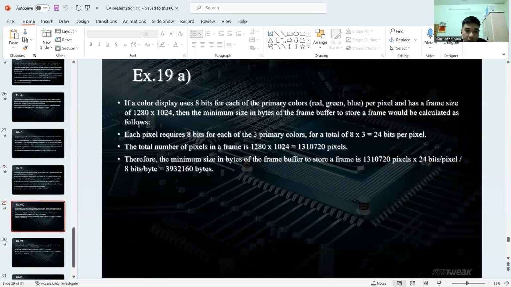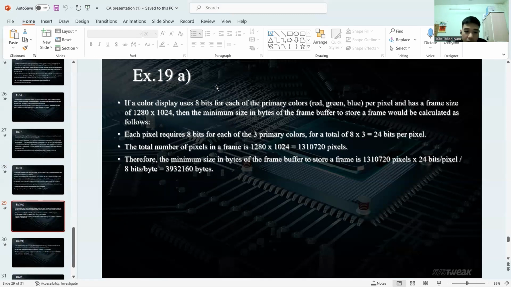In exercise 19, in part A, a color display uses 8 bits for each of the primary colors, which are red, green, and blue, per pixel, and has a frame size of 1218 multiplied by 1024. The minimum size in bytes of the frame buffer to store a frame would be calculated as follows.